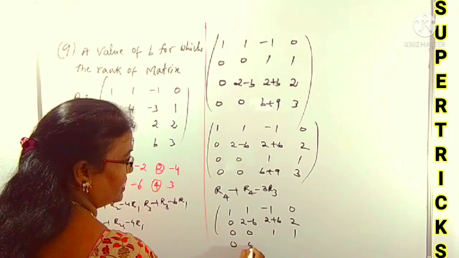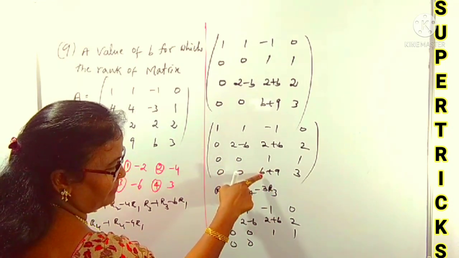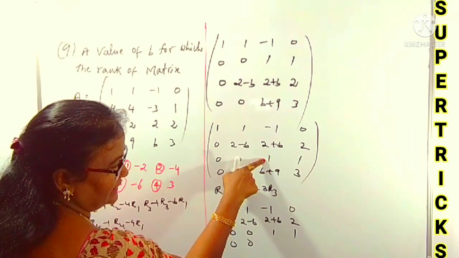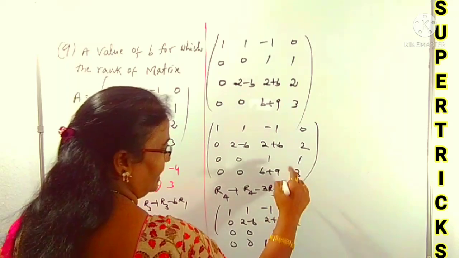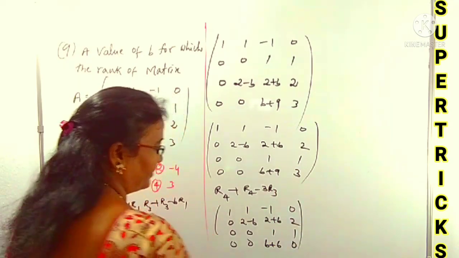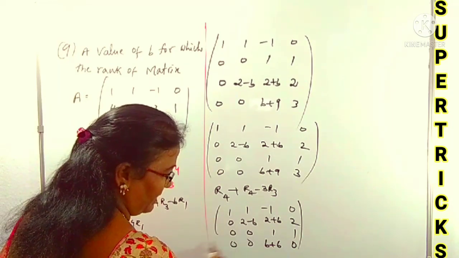So this is 0, 0, b plus 9 with this multiplied by 3, b plus 9 minus 3, which means b plus 6, and 3 minus 3 is 0, right? So this is b plus 6, b plus 6.